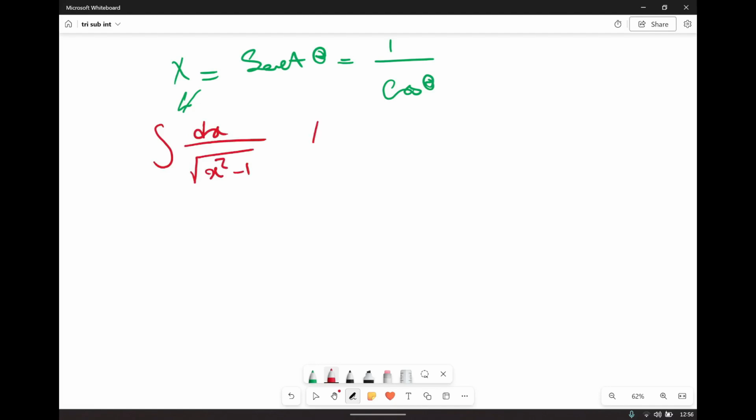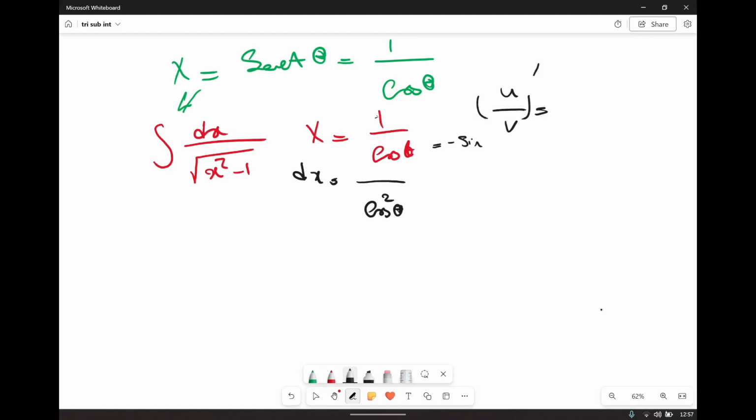If I suppose x equals 1 over cosine theta, our dx is, by the derivative of a quotient, sometimes I prefer this because some people are weak: derivative is u prime times v minus v prime times u over v squared. Here the derivative of 1 is 0, and the cosine derivative gives minus sine, so with the minus it is exactly sine over cosine squared. Okay, now let's get rid of this nasty radical.